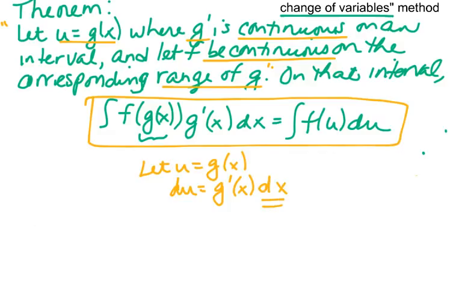And you need the dx. Don't forget the dx because you're integrating with respect to x. And if you look at the expression, that's simply du. And now you can make the substitutions and you get the right-hand side of this equation, which is f of u and then du.